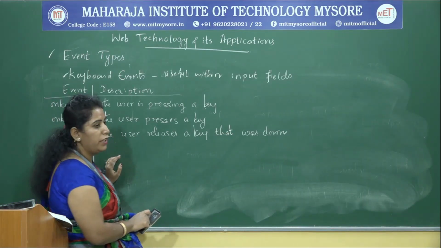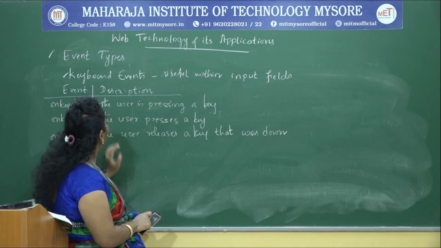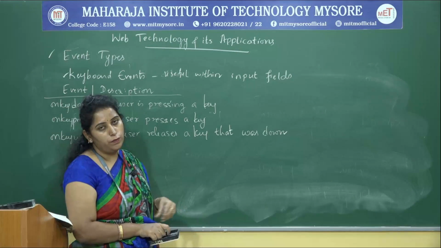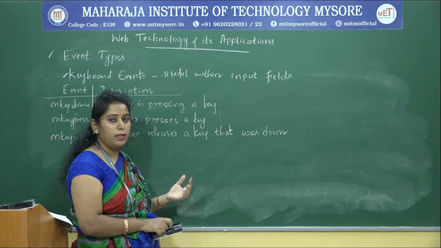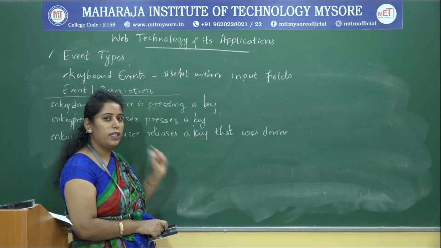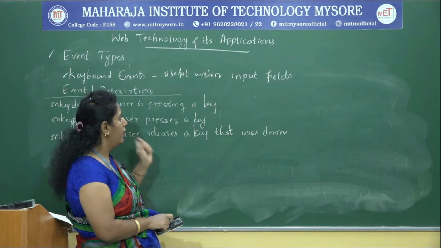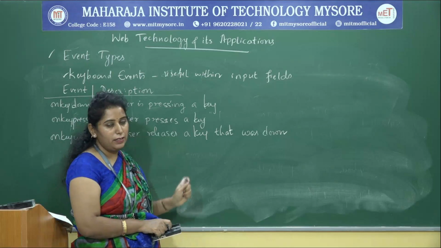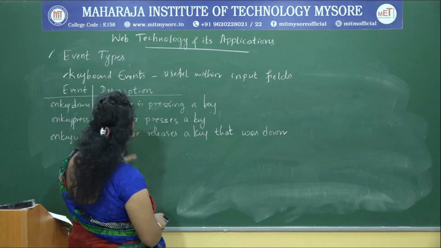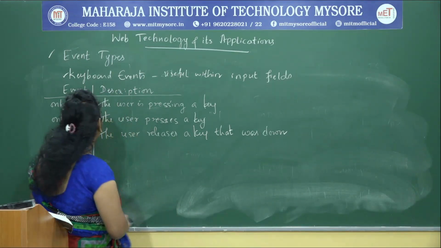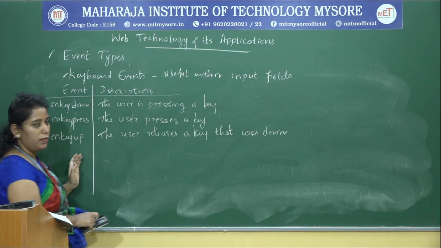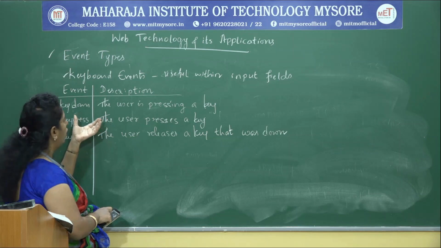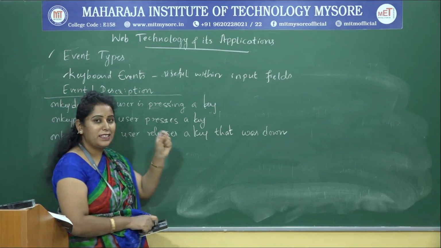So next is about keyboard events, which are useful within input fields. We will take up an example on this so that you will have a clear picture about keyboard events. There are certain keyboard events I have listed here. onkeydown: the user is pressing a key.